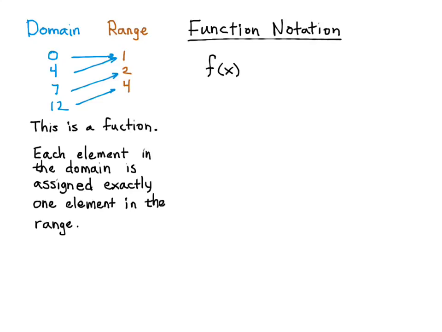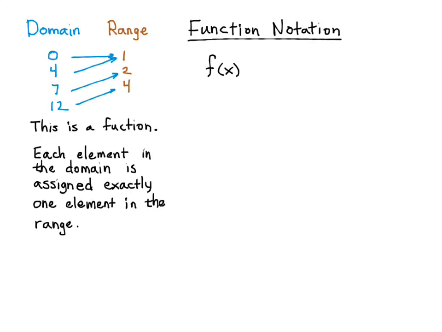There's only a finite number of letters in the alphabet. There's only a few, relatively few characters on a keyboard. So this could mean two things. This could mean f times x, right, because we use parentheses to denote multiplication, if f is a variable and x is a variable. But it also means f is a function evaluated at x.